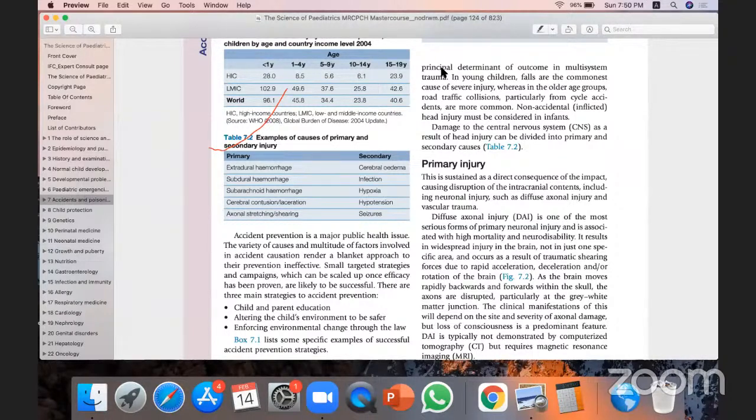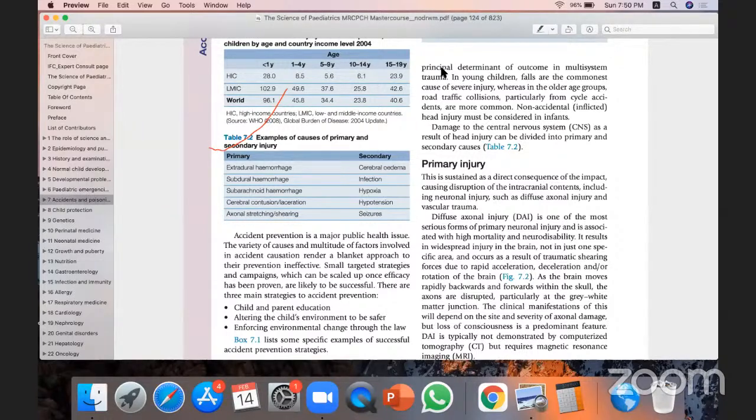Suppose there was extradural hemorrhage, and there can be a secondary effect like cerebral edema. Subdural hemorrhage can have a secondary effect like infection. Subarachnoid hemorrhage can cause hypoxia. So these are the secondary effects that occur after the primary injury, and both are dangerous.